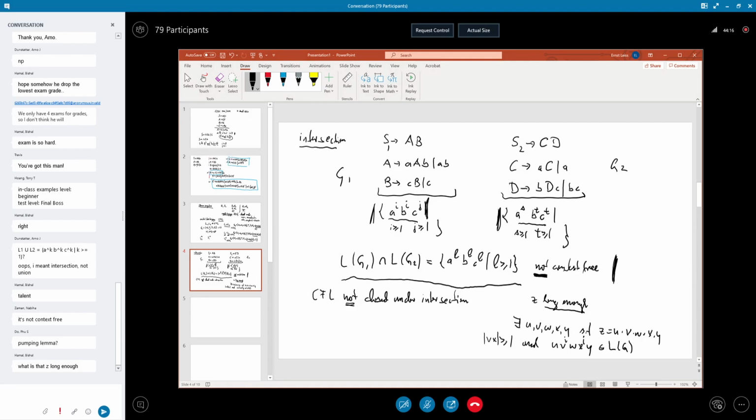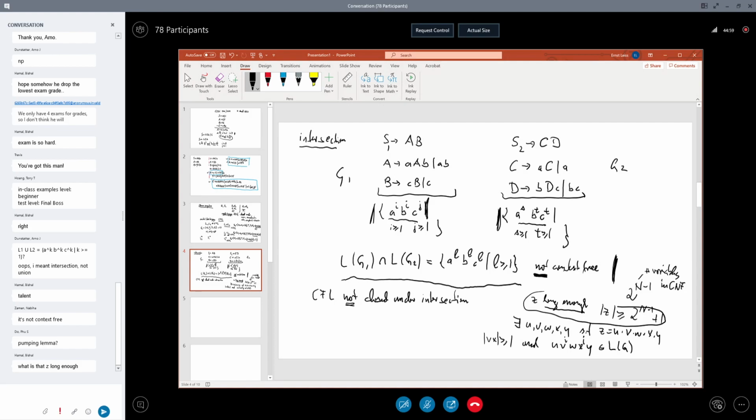Z long enough means that there is the constant in the pumping lemma, which is basically 2 to the capital N minus 1, where N is the number of variables in the grammar in Chomsky normal form. We did all that a week ago. And so if the length of Z is greater than or equal to 2 to the N minus 1 plus 1, then that makes it long enough.